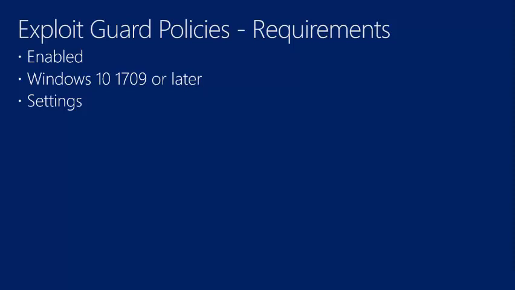So this is another little piece where always on protection from Defender ATP needs to be enabled. We need Windows 10 1709 or better, and we need settings that will enable Exploit Guard, and we'll see what those settings are in a bit.